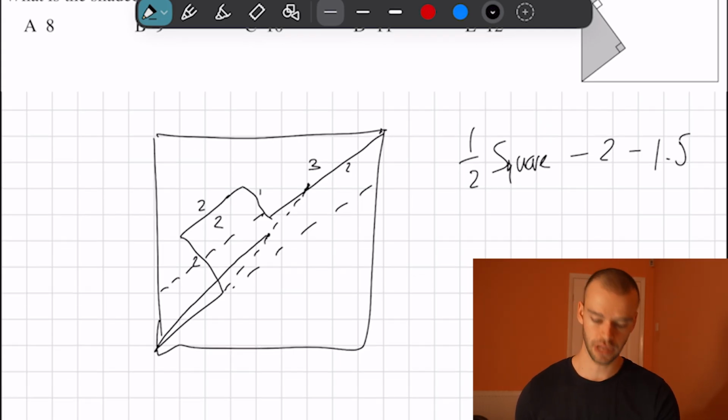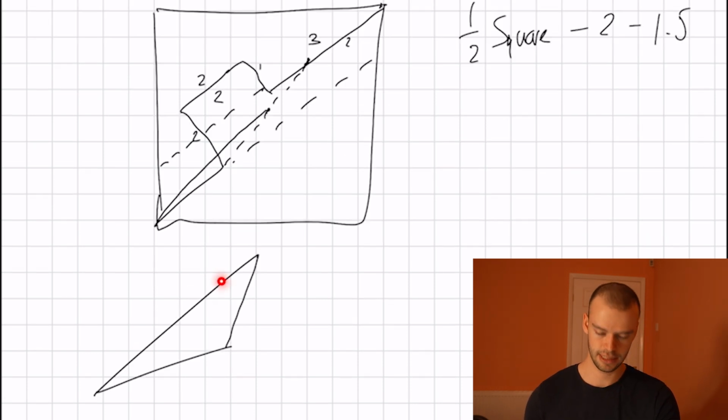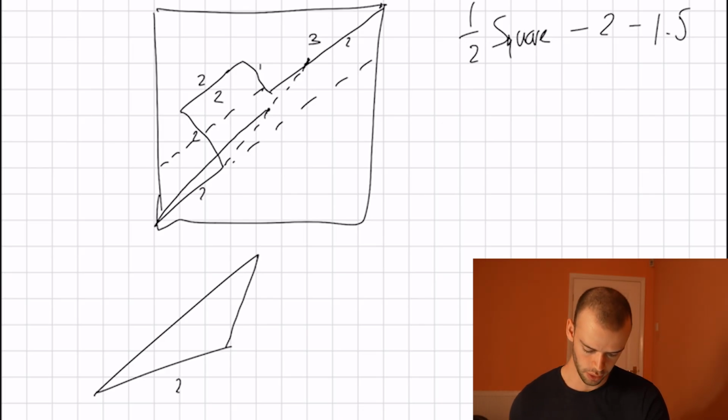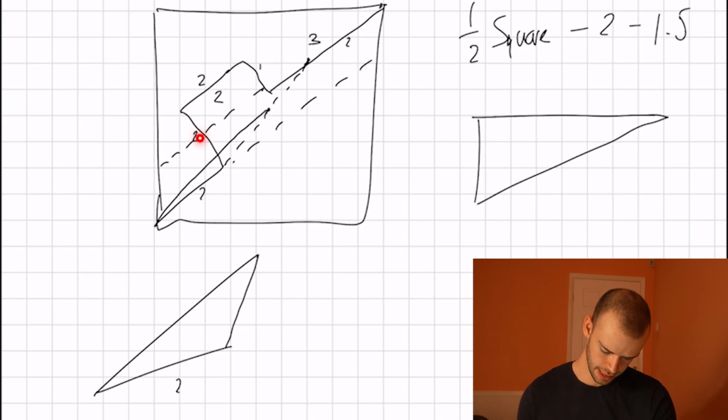Okay, let's redraw that triangle below. So it's going to look like this, and we're trying to find this length here. We know what this length here is. It's 2, so we can just put that in straight away. What is the length of this? Well, we can find this length by redrawing this triangle, which is a right angle triangle, where this length here is 1, and this length here is 3.